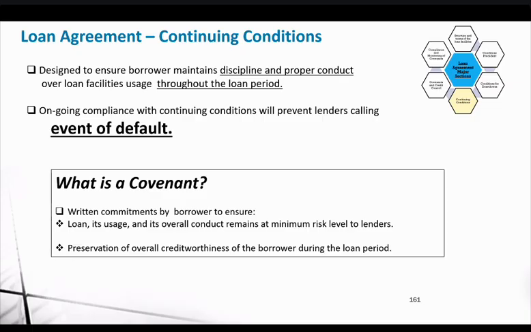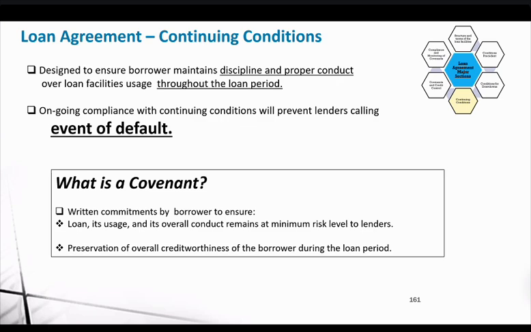So event of default means after drawdown until loan maturity, if they breach the loan agreement, the bank has the right to say, I want my money back. I want to terminate the loan. Okay? Terminate the loan.